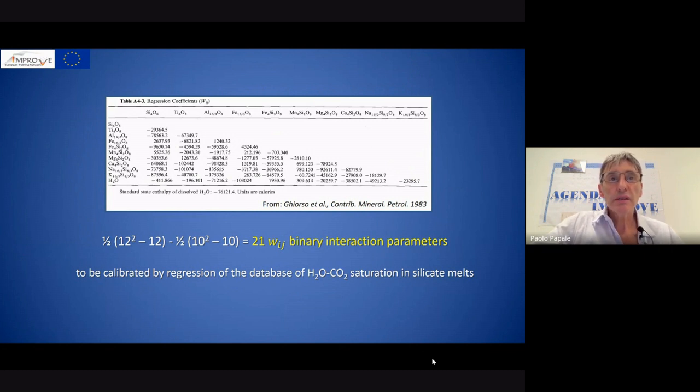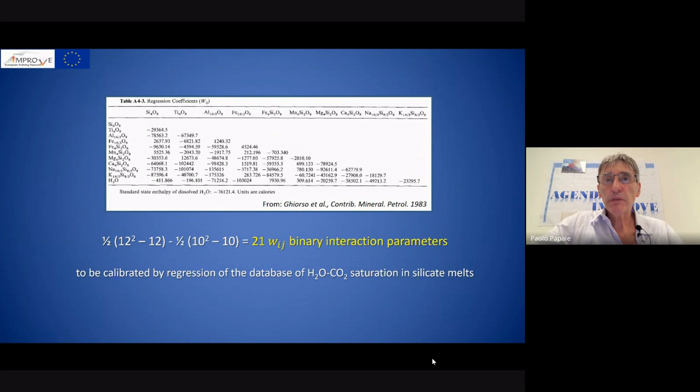We just said that the binary interaction parameters involving dissolved volatiles might be just constant numbers, that is, simply equal to a coefficient, or they might be a function of pressure and temperature, therefore involving multiple coefficients.